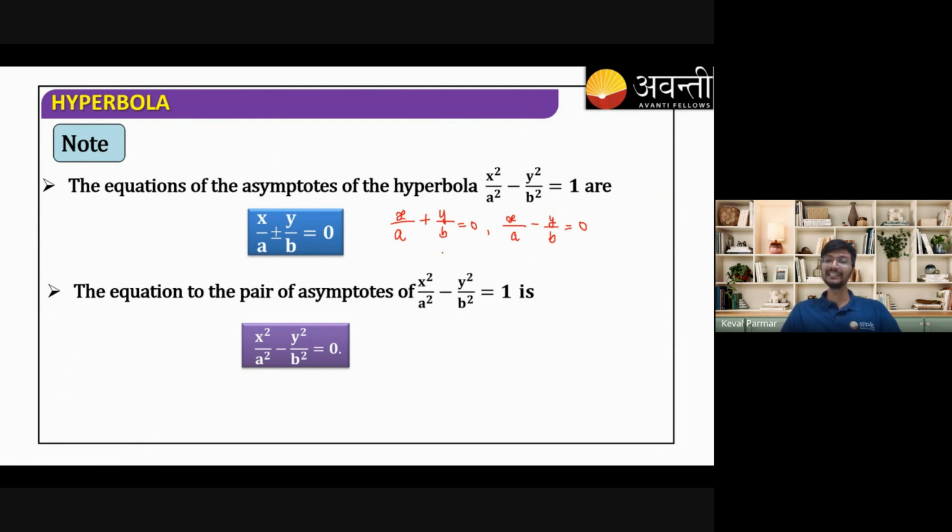Now, to get the pair of straight lines equation, we have to multiply these two. So if I multiply these two, you will get a plus b into a minus b, which will be a square minus b square. That is how we got the equation of the pair of asymptotes here.